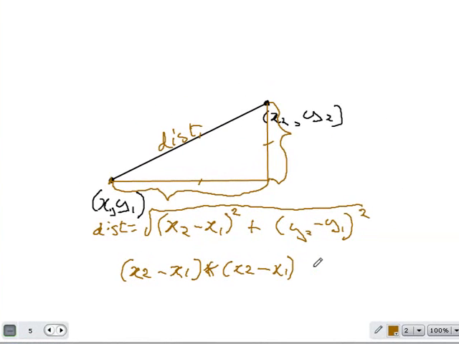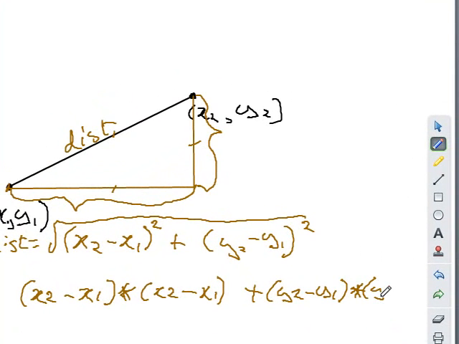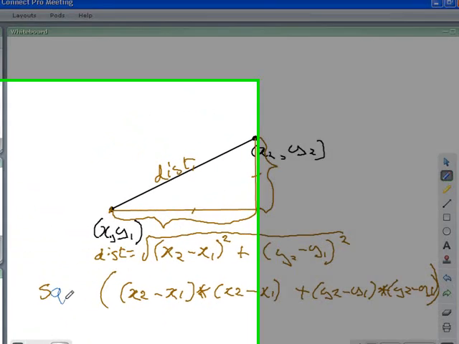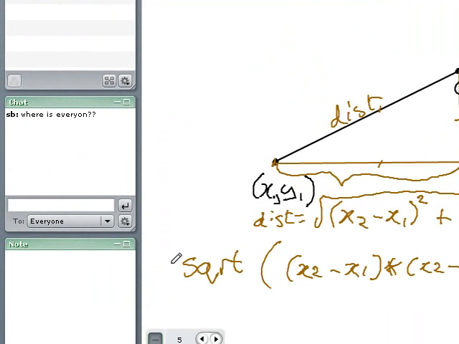Okay, so that's squared, and then we'll add the other one to it. y2 minus y1 by, remember that's an asterisk there, y2 minus y1, and we'll put the whole lot of that in brackets, then we get the sqrt, the square root of that, and we can then assign that to something, so we can put distance over here, dist. Okay, so that's how we're going to do the formulas.